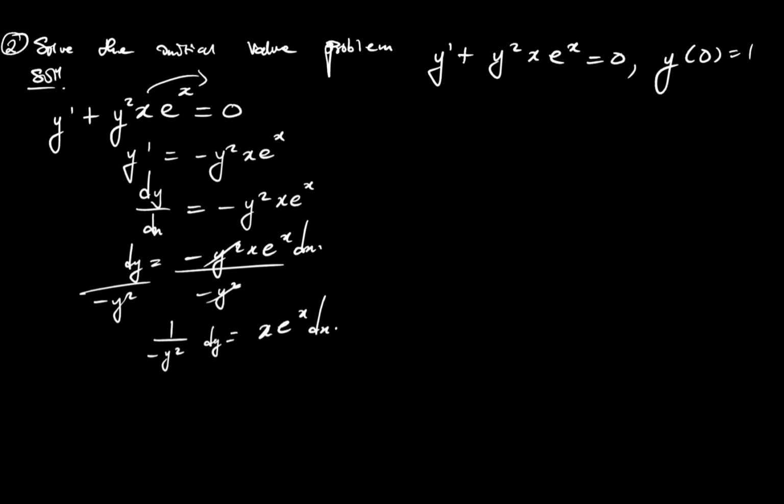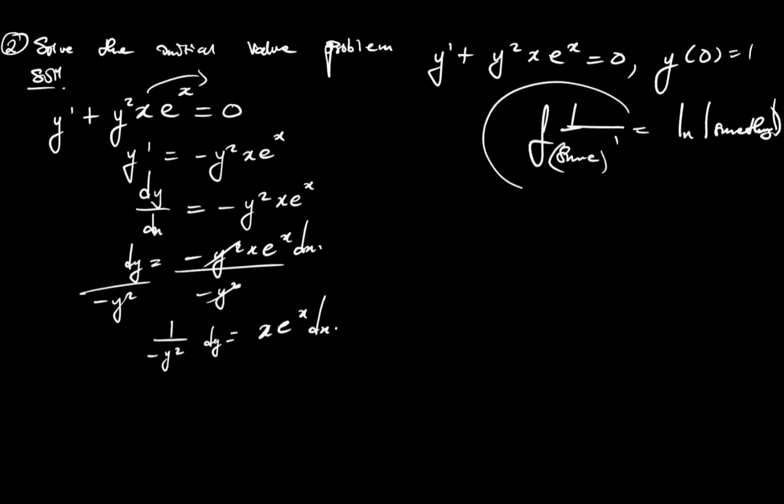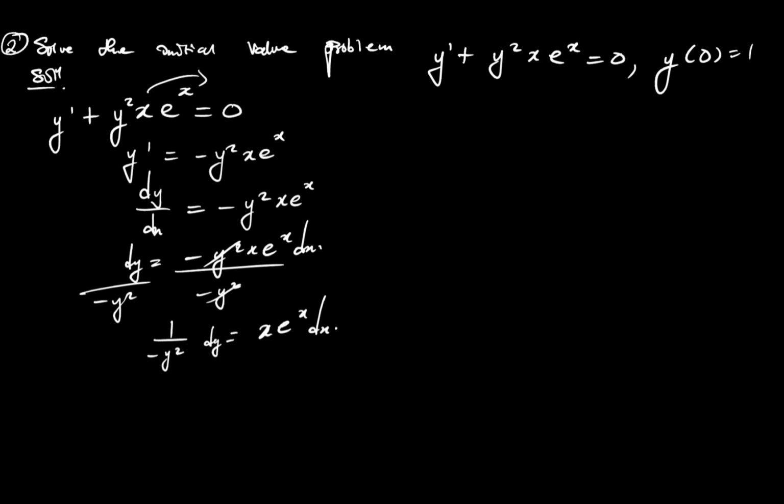I feel like it's best to write it properly, not as a fraction, because the integral of 1 over something isn't always ln absolute of something. It is always equal to ln absolute of something if the something is raised to the power of 1 as a denominator. If it's not raised to the power of 1, then this cannot be applied. Be mindful. Do not be confused. So, this is going to be negative of y to the minus 2 dy being equal to x e to the x dx.